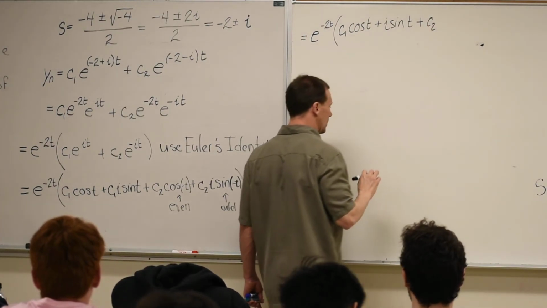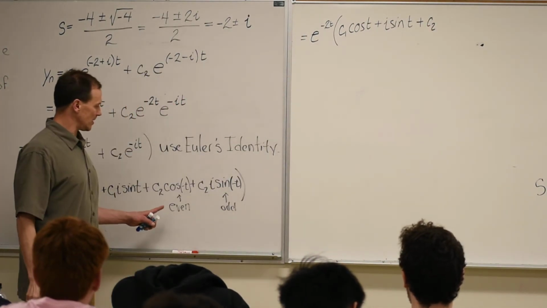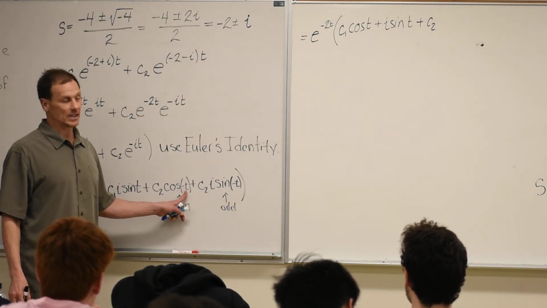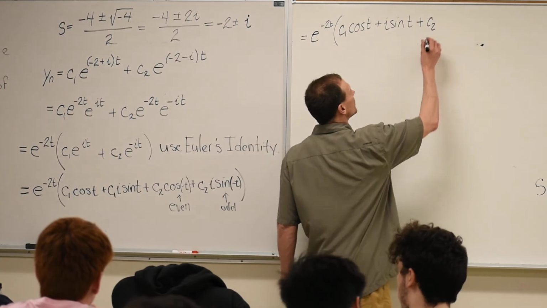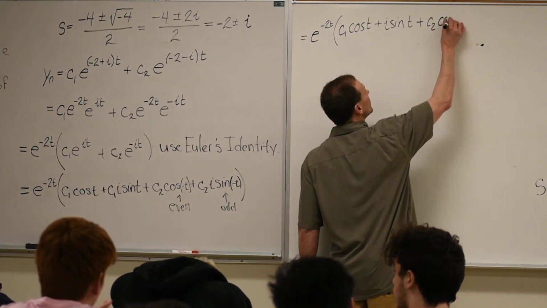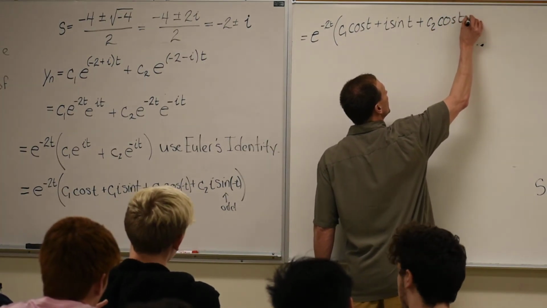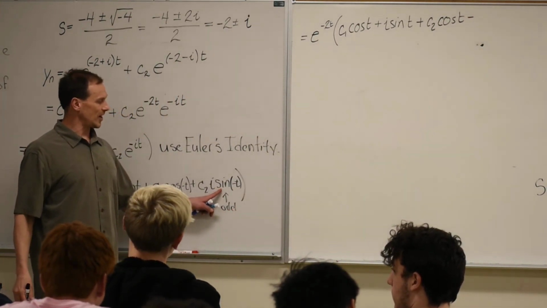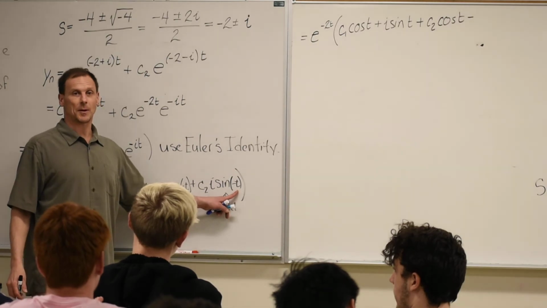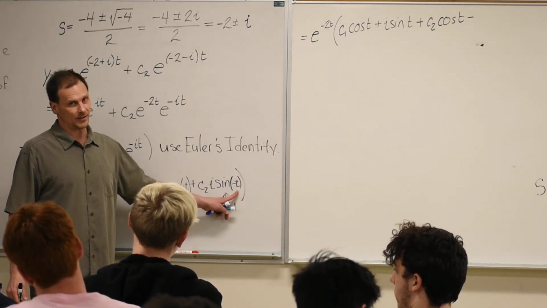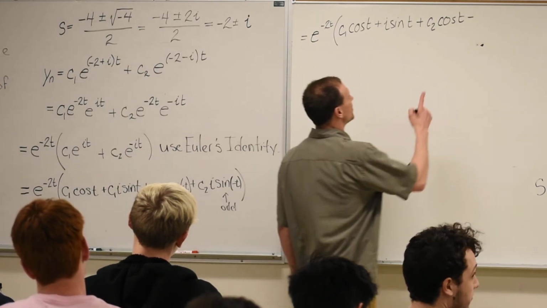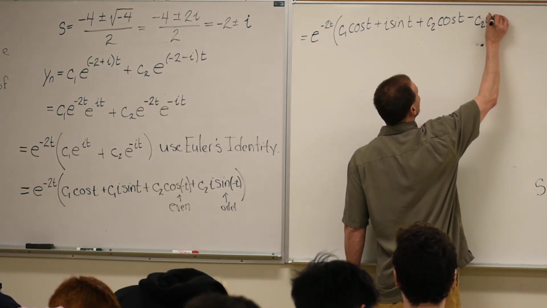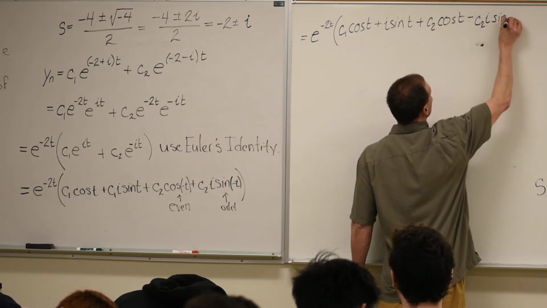Okay, remember, when we say that cosine is even, that means that the cosine of minus t is the same as cosine of t. And then, if it's odd, the sine of minus t becomes minus the sine of positive t. So this is going to become a minus C2 i sine t.